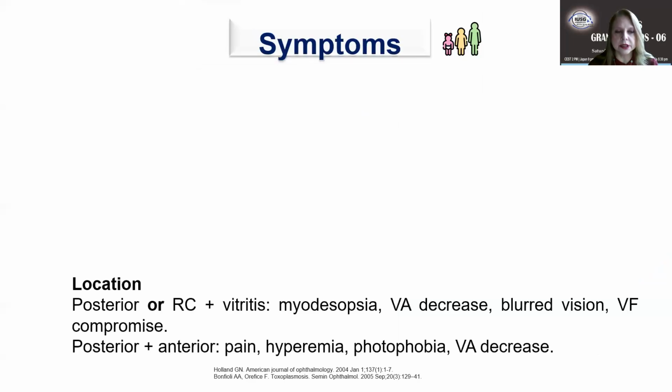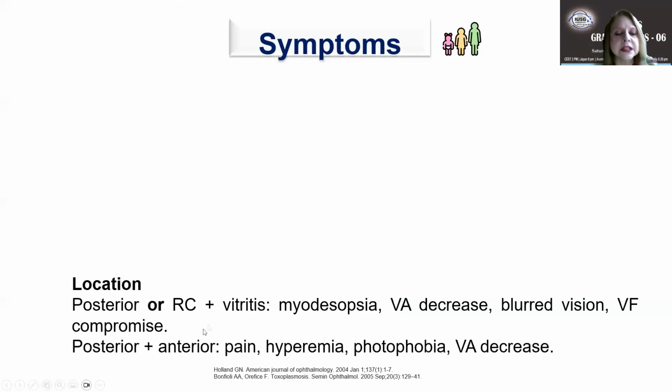Symptoms depend on the location. When there is a posterior compromise, retinochoroiditis or retinochoroiditis plus vitritis, patients can present myodesopsia, visual acuity decrease, blurred vision, and when there are central lesions, patients can present visual field compromise.